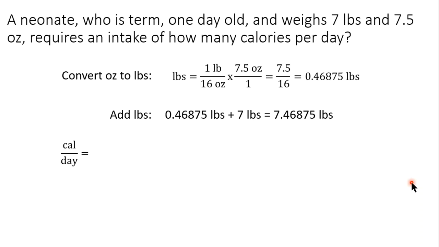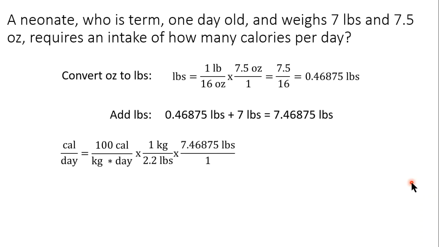Now, to calculate the calories per day, we have a formula of 100 calories per kilogram per day. To that, we had to get rid of the kilograms. So since we have our number in terms of pounds, we add the conversion factor of 1 kilogram over 2.2 pounds times 7.46875 pounds over 1.